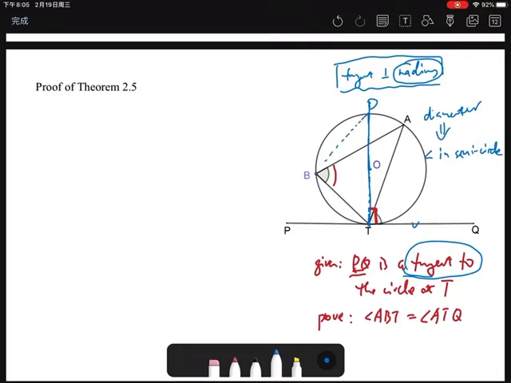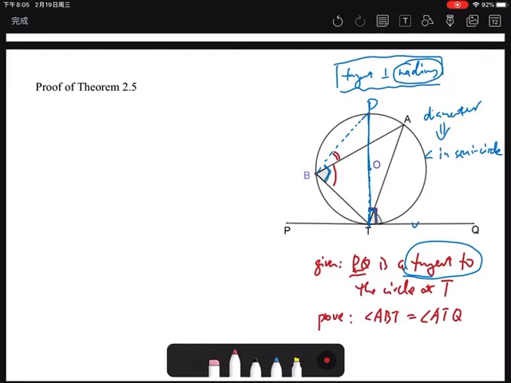If you have a diameter, you can join BD and form an angle which is also 90 degrees. So now we have two angles which are 90 degrees.